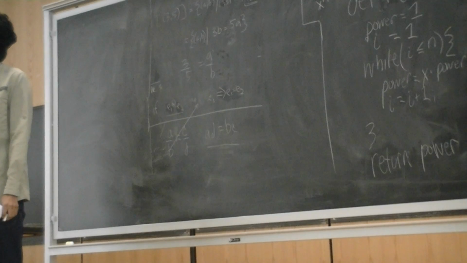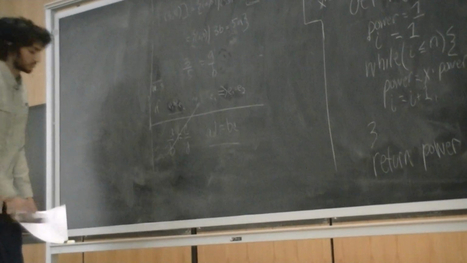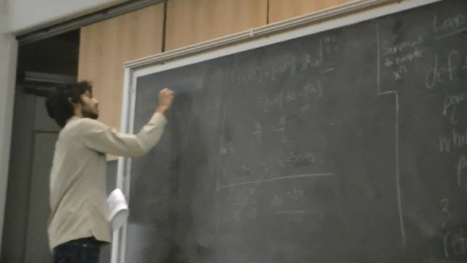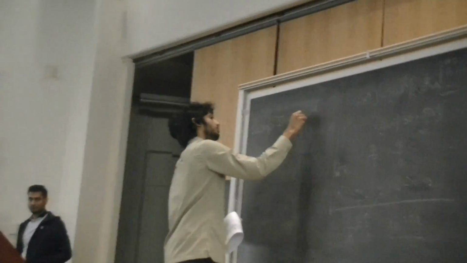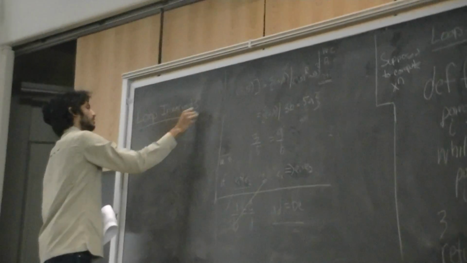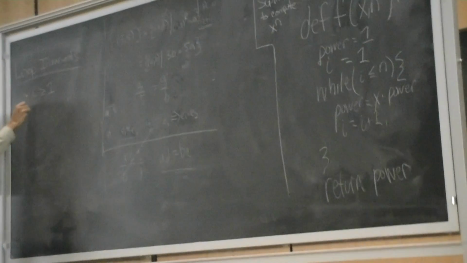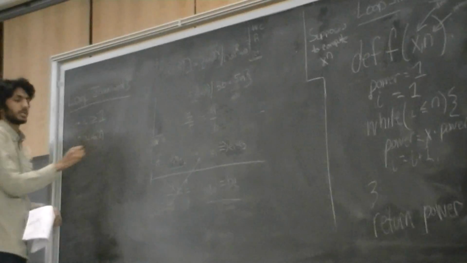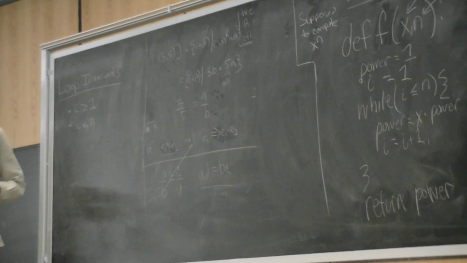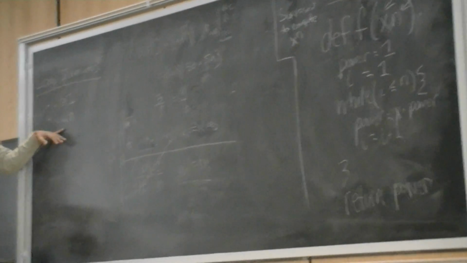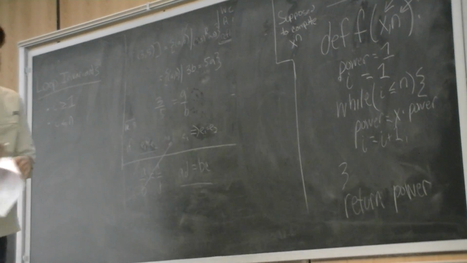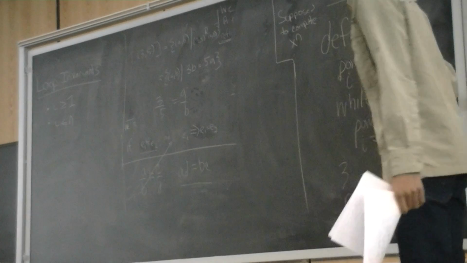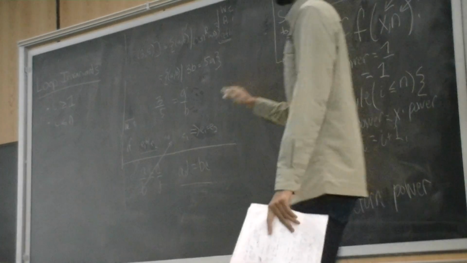Well, no, yeah, i is greater than or equal to 1 and less than or equal to n. So you're saying i is greater than or equal to 1, and you're also saying i is less than or equal to n, right? Oh wait, is this true? Does the while loop say i is less than or equal to n? Yeah, it says i is less than or equal to n. So that would be n plus 1, right? Yes.